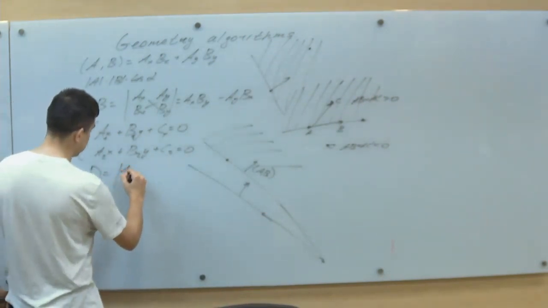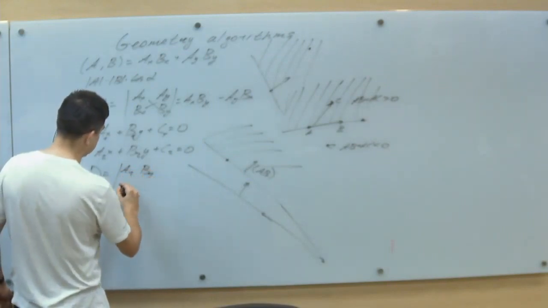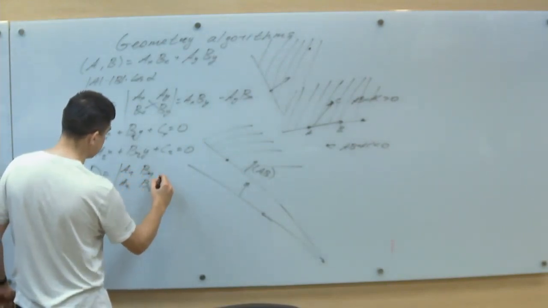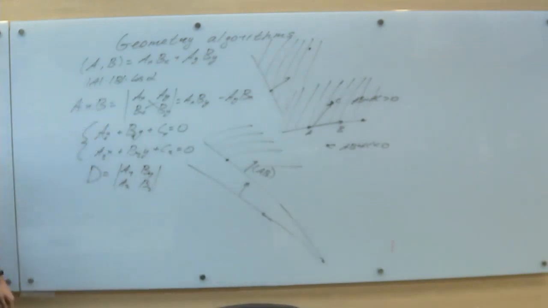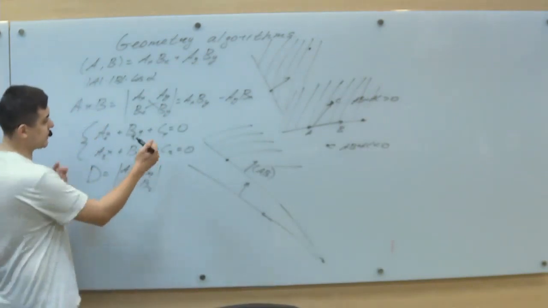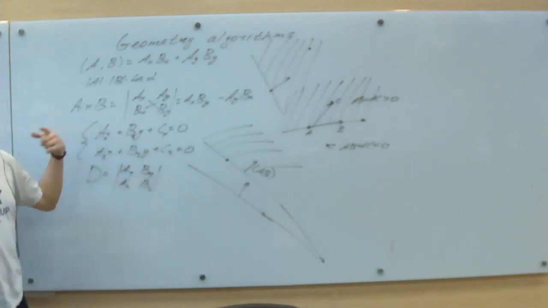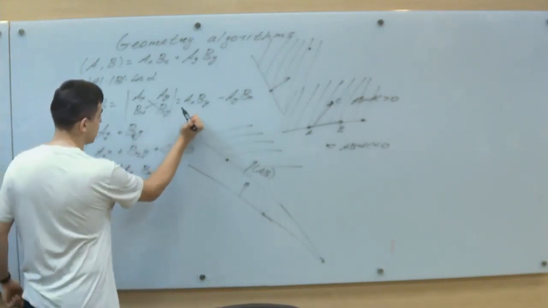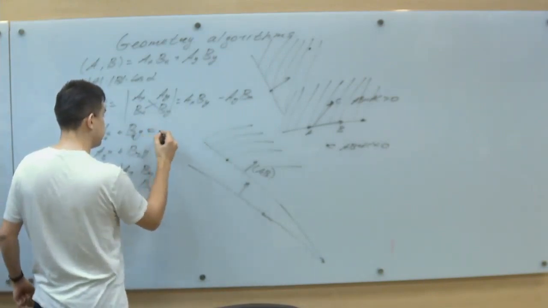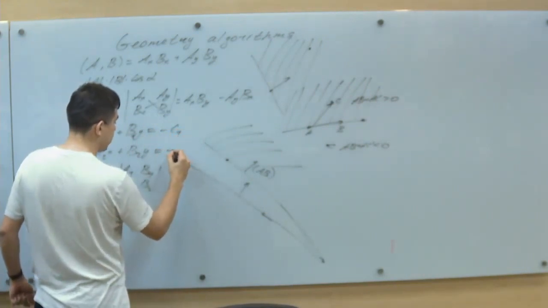So the determinant is A1, B1, A2, B2. So basically this is the system of two linear equations. We can say that it's equal to minus C1, minus C2.